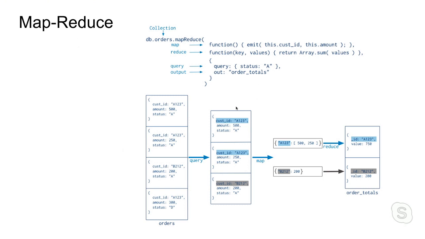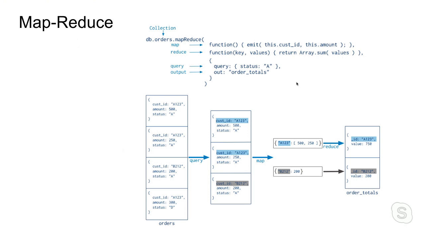Then you map it: you put another function which says the key is the customer ID, and you want to reduce into some value, which is the amount. So you will receive the key, the customer ID, and an array of the values. And then the reduce function, in this case, makes the sum of the values.